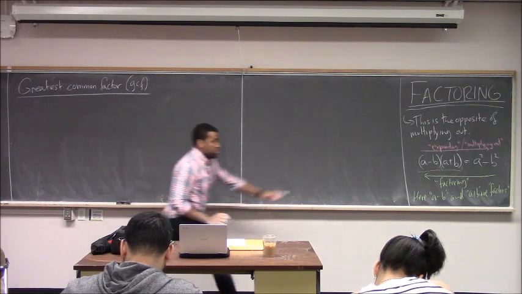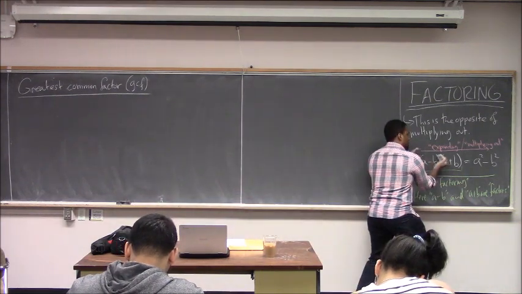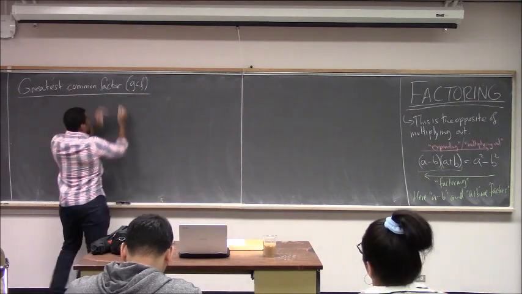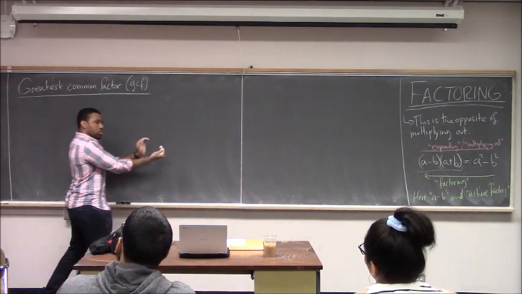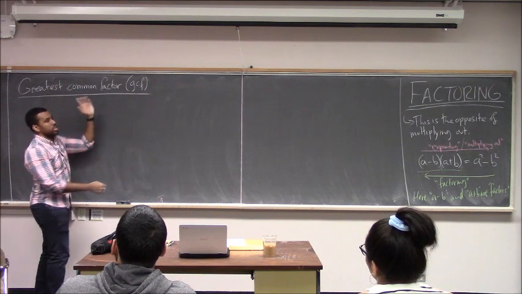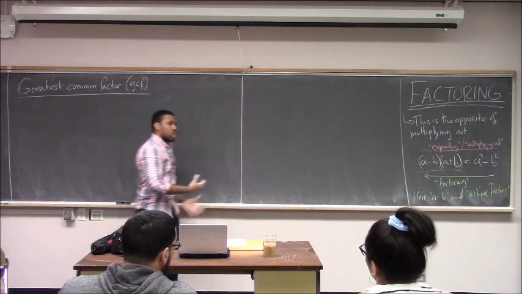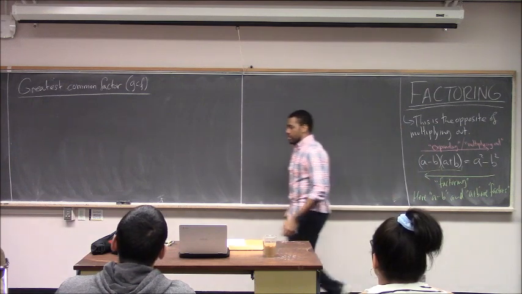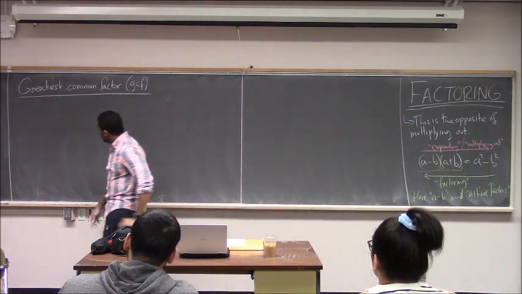So remember, a factor is just one of the pieces in this product. So when you talk about the greatest common factor, you're talking about one of the pieces in the multiplication that is common to everyone. And you want to find the largest thing that is a multiplication that is common to everyone. Okay, this is called a GCF.